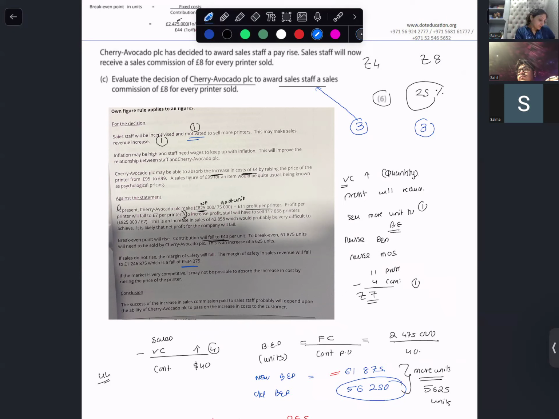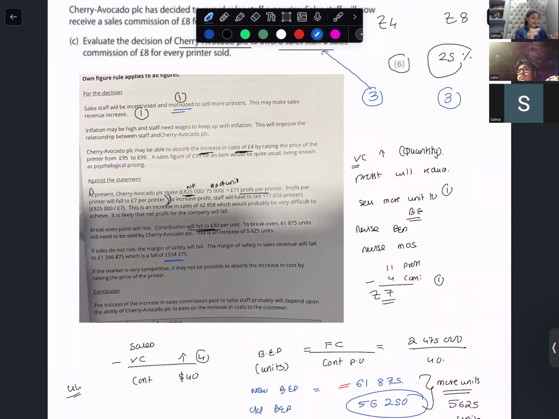So, Cherry Avocado can think of increasing the commission, or they may alternatively say that they should not increase it because in this competitive market it is very difficult to sell so many units, and the sales commission they are giving is sufficient for the number of sales.